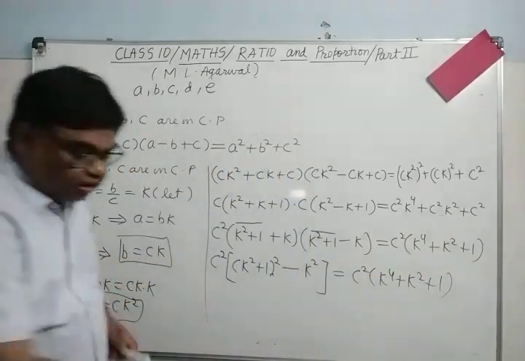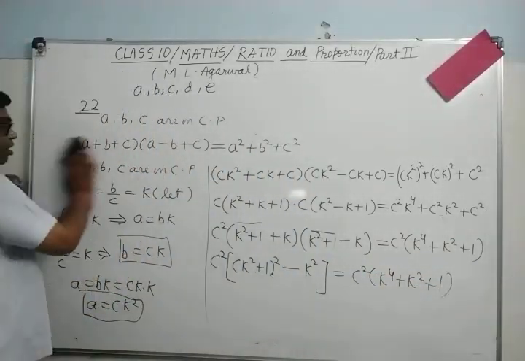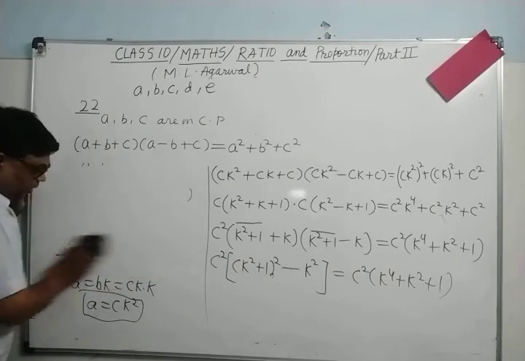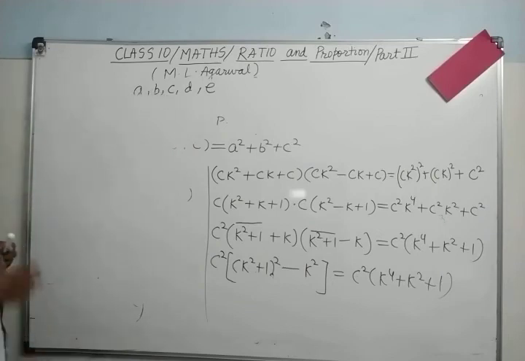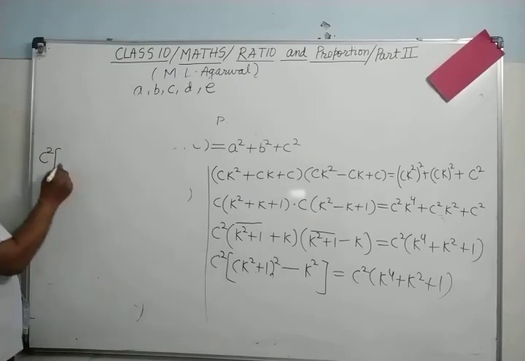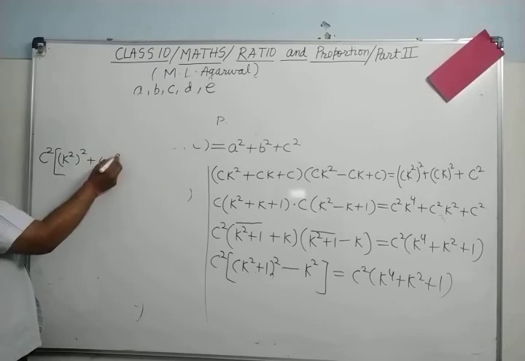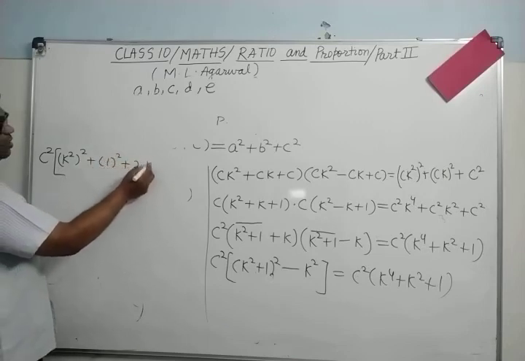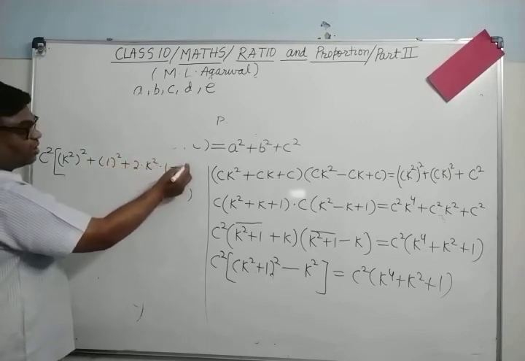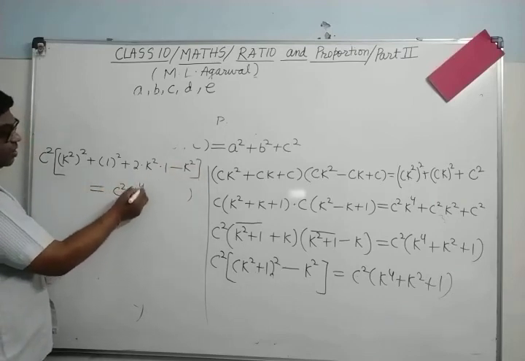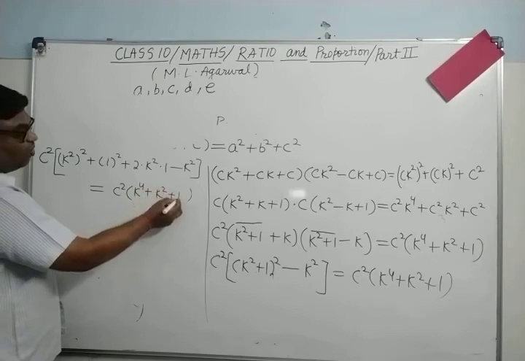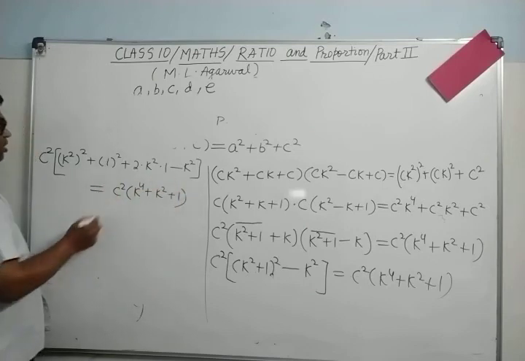Now you see here, on this side, when you open the bracket on the left hand side, it will become C square, K square plus 1 whole square. You can open it by a plus b whole square, plus 2 into K square into 1, minus K square. RHS will be as it is; there will be no further simplification.